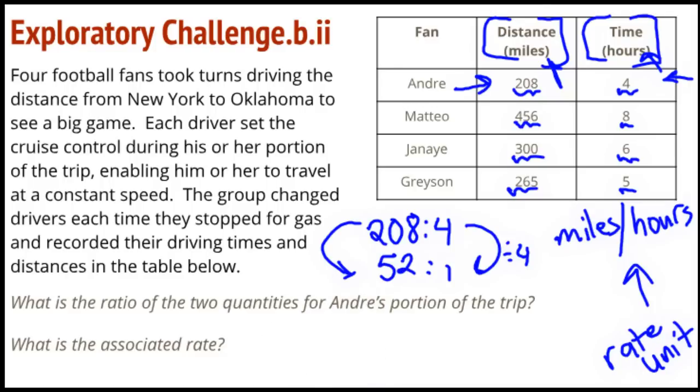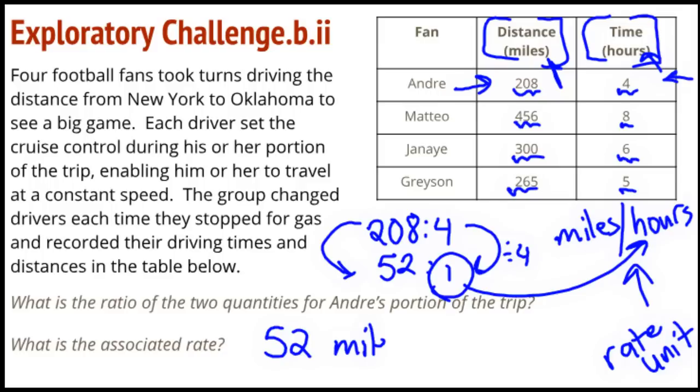So I have scaled down to 1 of something so that I can have a single unit. A single unit of what? A single unit of the hours. So I'm going to find out that Andre has traveled 52 miles for 1 hour.